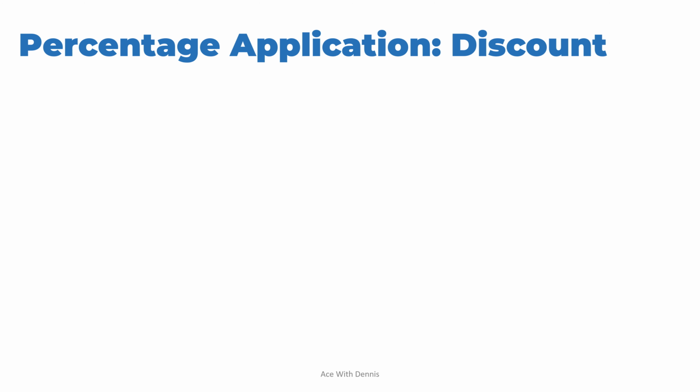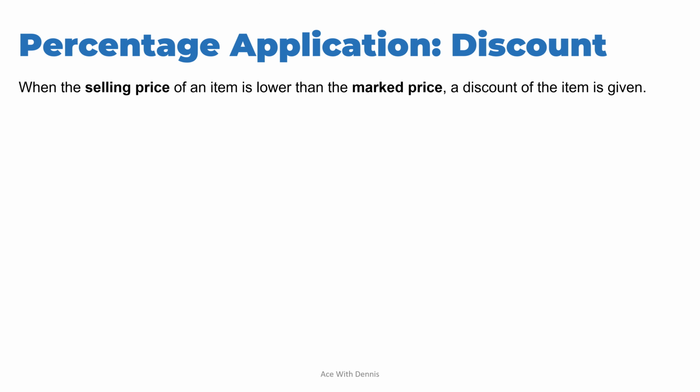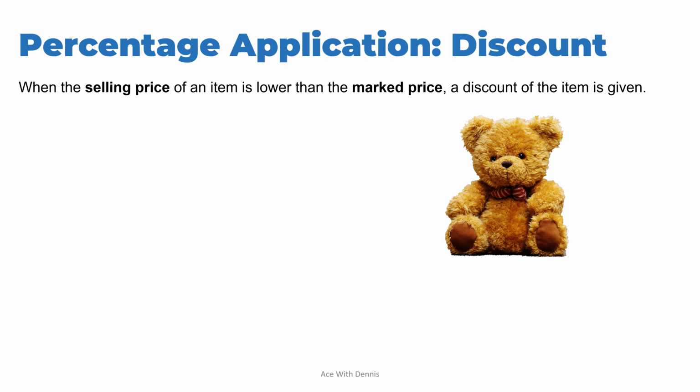Now let's talk about application of percentage. One of the applications which we frequently use in our daily lives is discount. So what is discount? When the selling price of an item is lower than the mark price, a discount of an item is given. So let's see this case, this teddy bear.